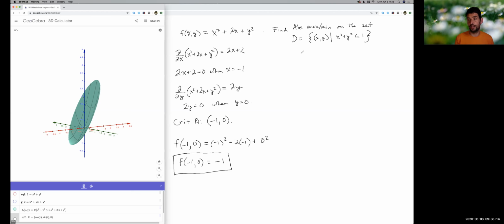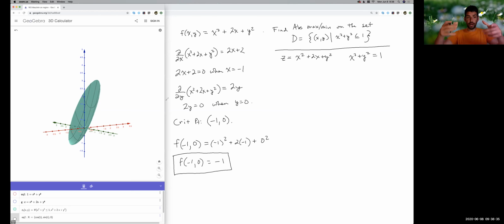Now, here's where things get a little more interesting. Remember what we have. Here's our surface. I'm going to use z this time: z equals x squared plus 2x plus y squared. The boundary is all going to be the points where x squared plus y squared equals 1, right? That's the boundary of this domain.